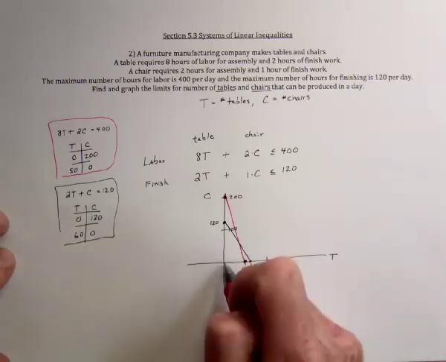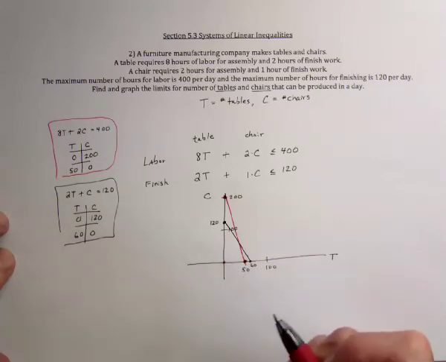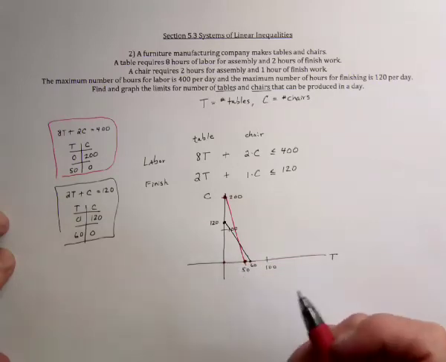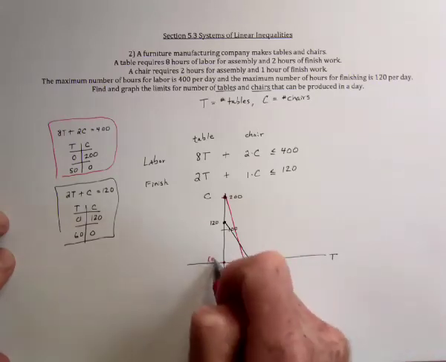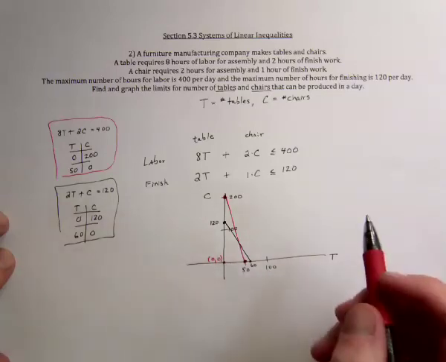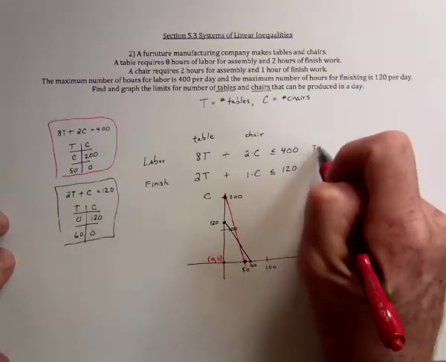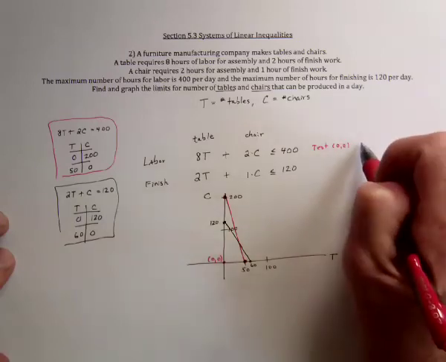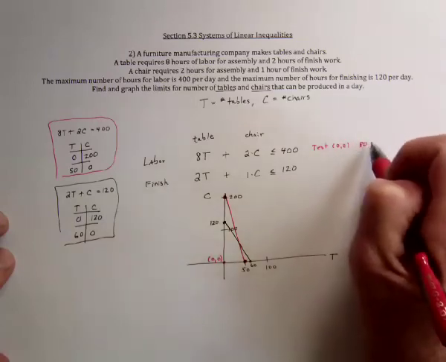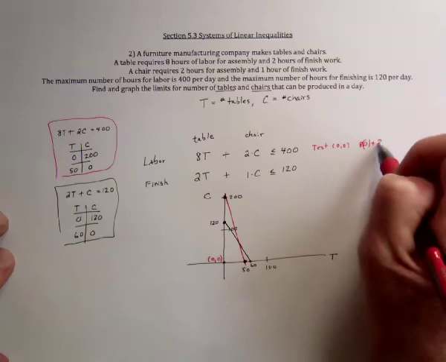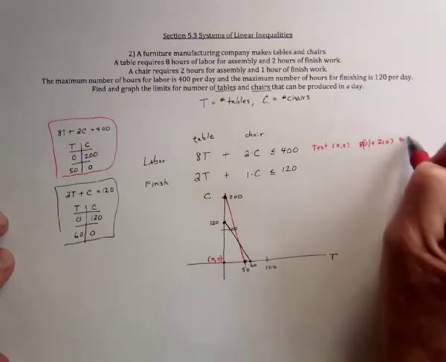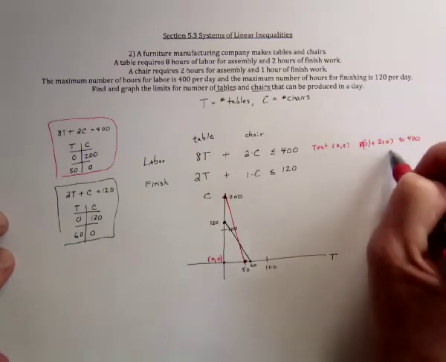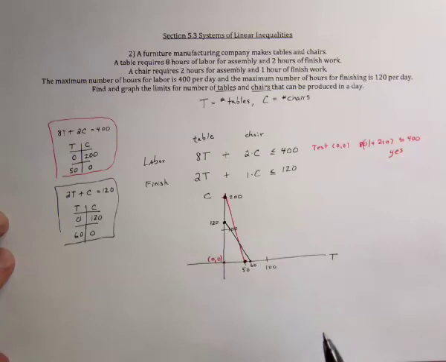Well, I can test that by using something that's below them and see if it works. Like, for example, 0, 0. And if I test 0, 0, this one is going to be 8 times 0 plus 2 times 0. Is it less than or equal to 400? And of course 0 is less than or equal to 400, so that one's true.